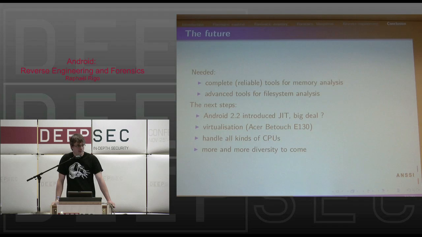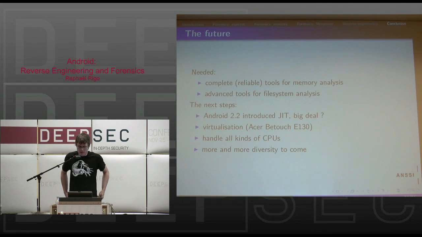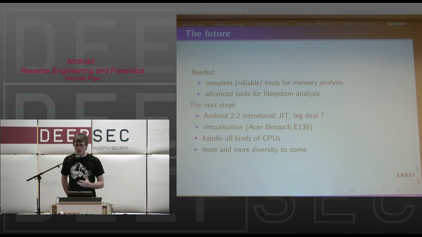So in the future, unfortunately, we still need complete and particularly reliable tools for memory analysis, because right now we are kind of short of tools. And for file system analysis, you only have tools to unpack the file system, but you don't have undelete capabilities or advanced analysis to recover information.